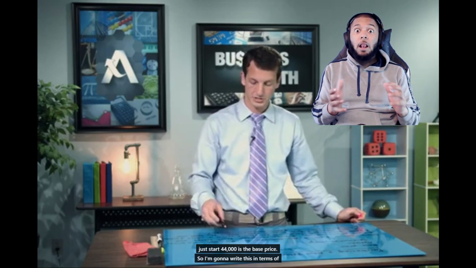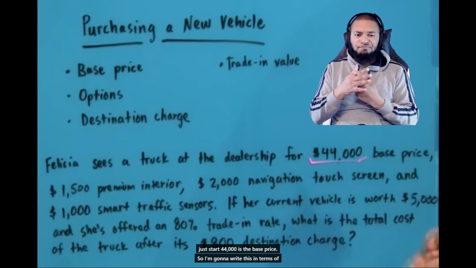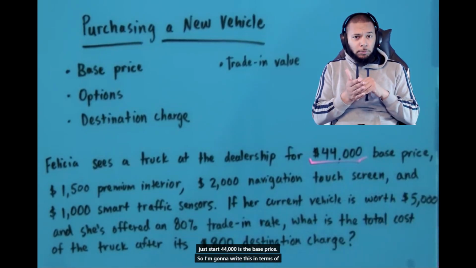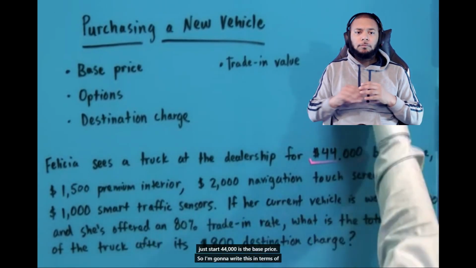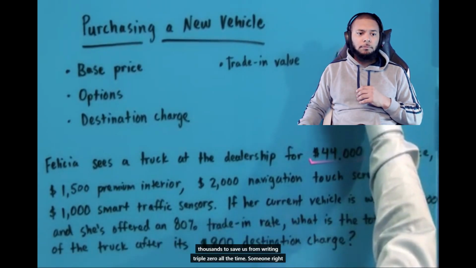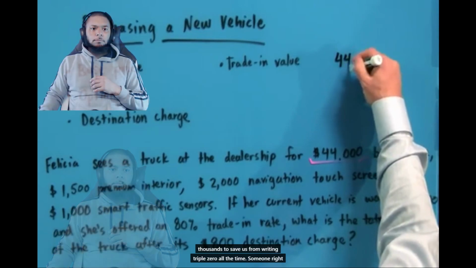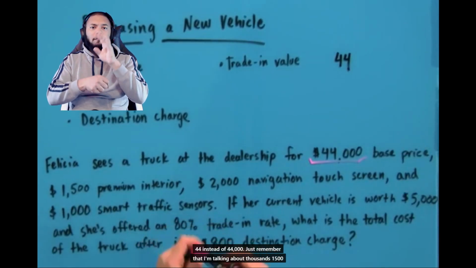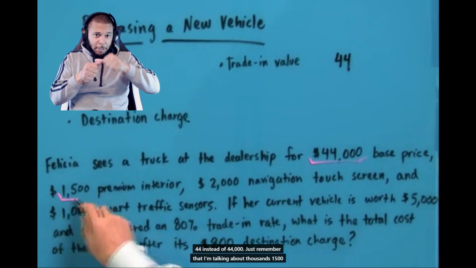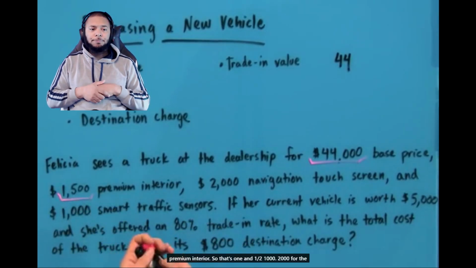There's a lot going on here. So let's just start. $44,000, right, is the base price. So I'm going to write this in terms of thousands to save us from writing 000 all the time. So I'm going to write 44 instead of 44,000. And just remember that I'm talking about thousands. $1,500 in premium interior.